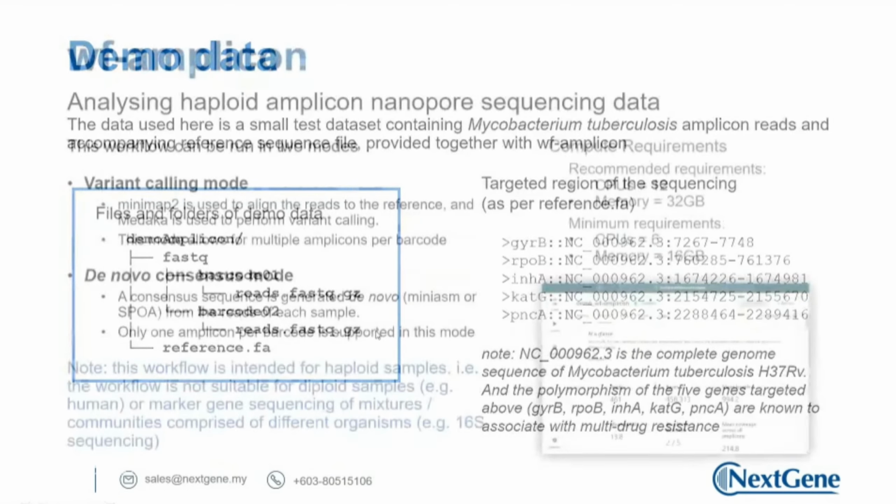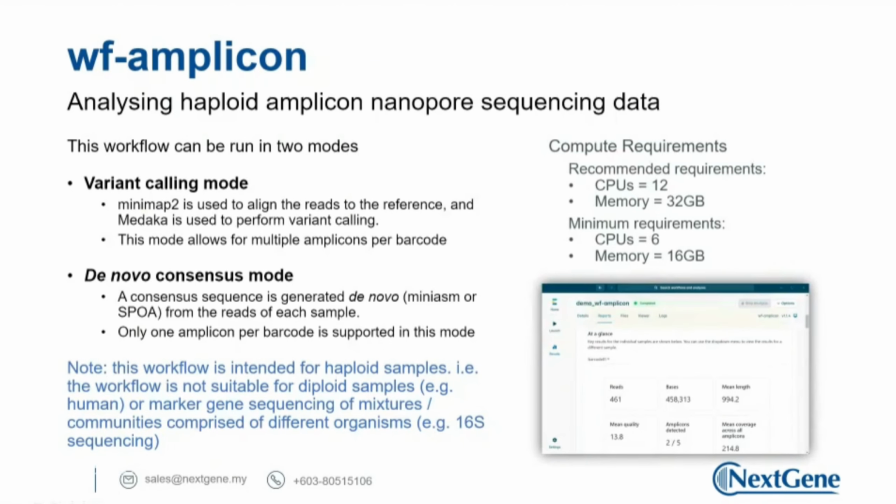Back to the workflow, just to explain slightly more. This workflow contains two modes: one is the variant calling mode, and the other is the de novo consensus mode. If you would like to perform Amplicon analysis similar to Sanger sequencing, we can choose the de novo consensus mode to get the consensus sequence out from the Amplicon sequencing data.